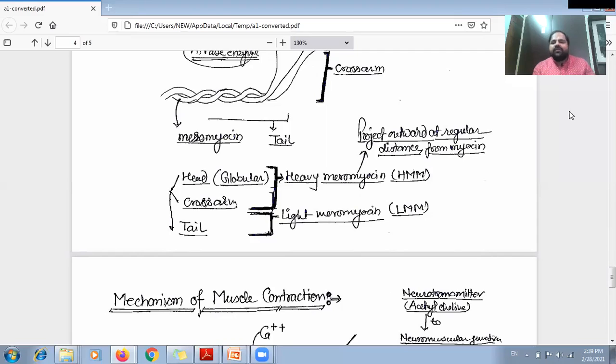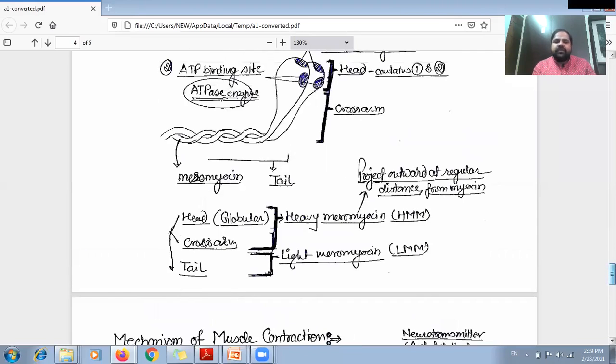Means this structure, the rest of the rope structure from here up to the other end, will be called light meromyosin. Means it has been formed by light meromyosin chains. However, this structure, the cross arm and head, is formed by the heavy meromyosin, and it projects outward at regular distance from the myosin.